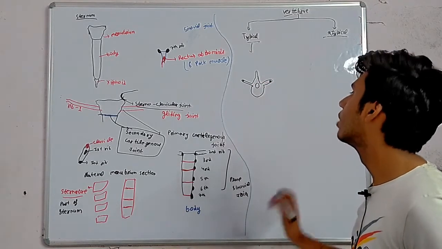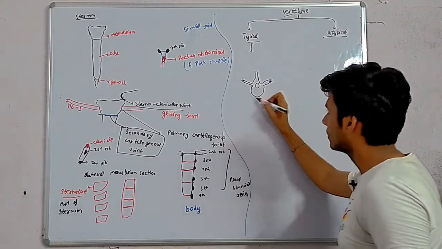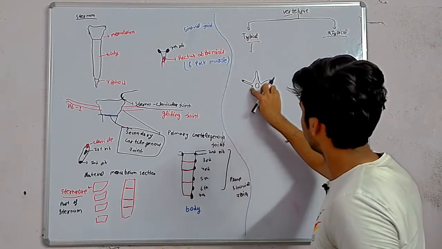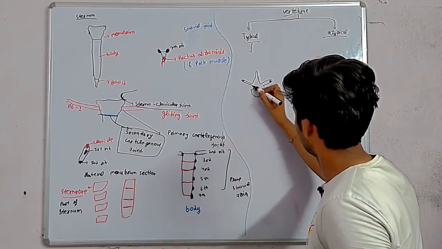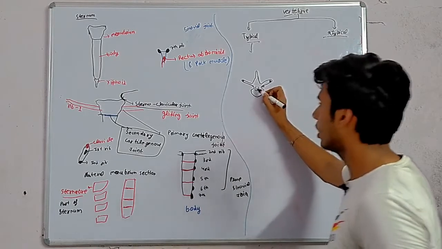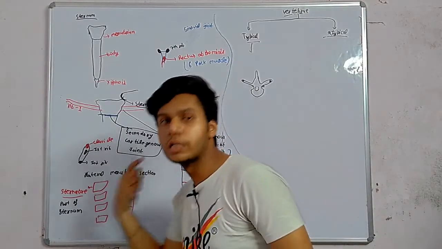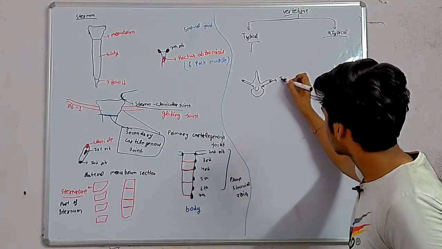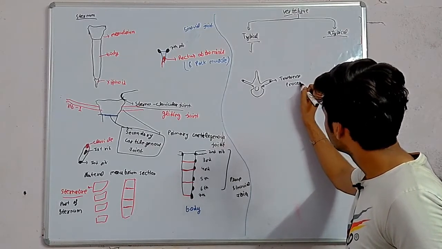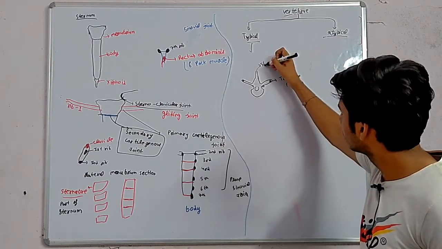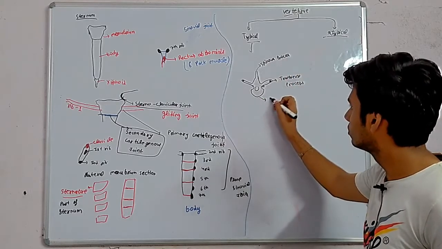So this is a typical vertebra, which generally contains body, pedicles, transverse process, facets, and spinous process. This is the transverse process, spinous process, body.